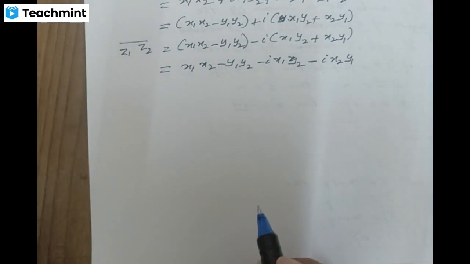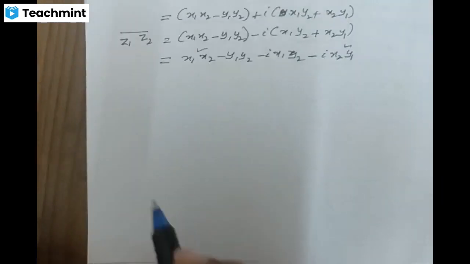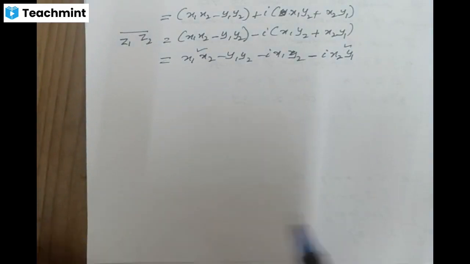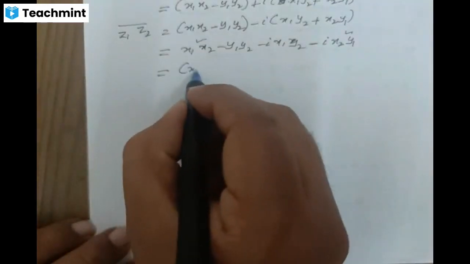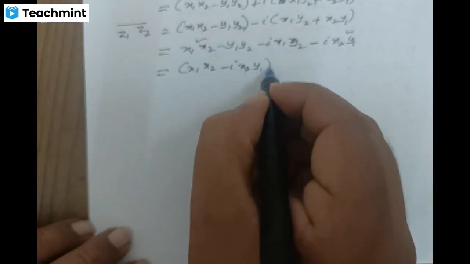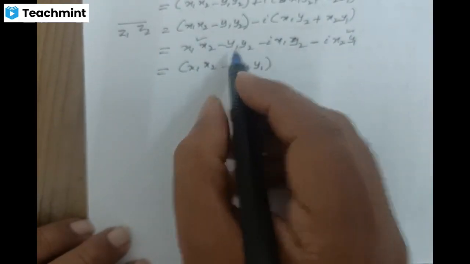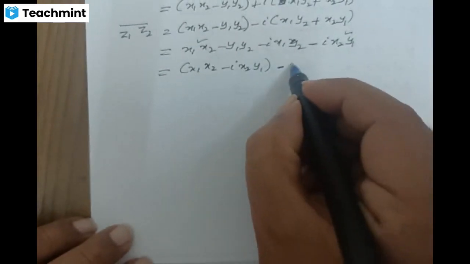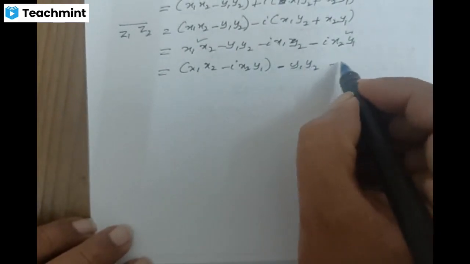Now I will club the first and last: x1 x2 minus i x2 y1, and y1 y2 minus i x1 y2.